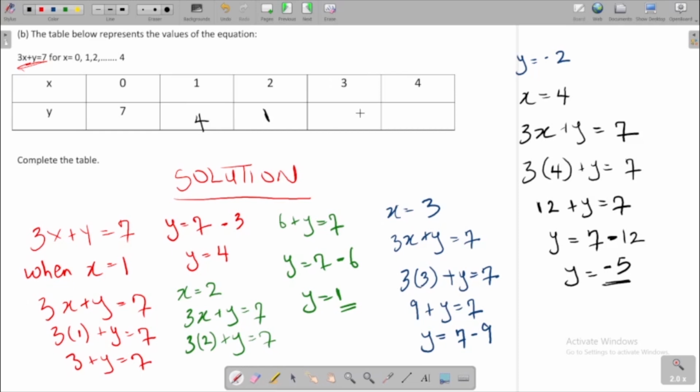When your x is equal to 3, your y is equal to minus 2. And when your x is equal to 4, your y is equal to minus 5. That is the solution to question 2b.